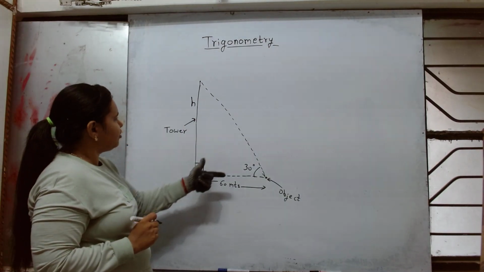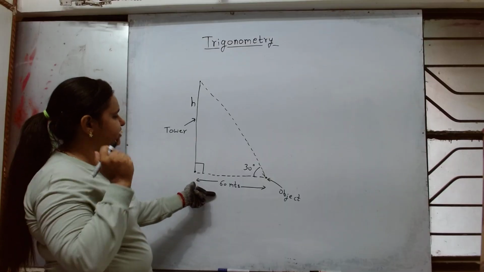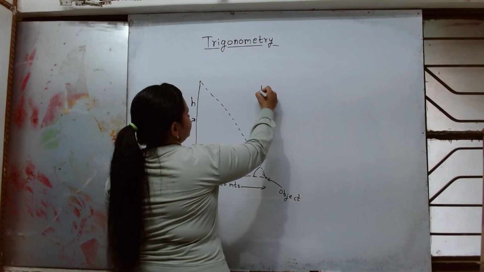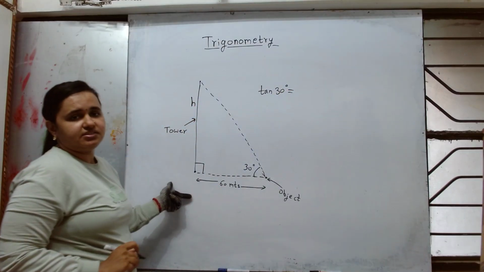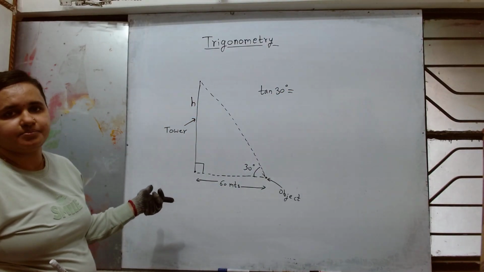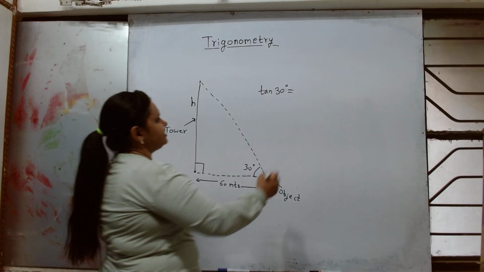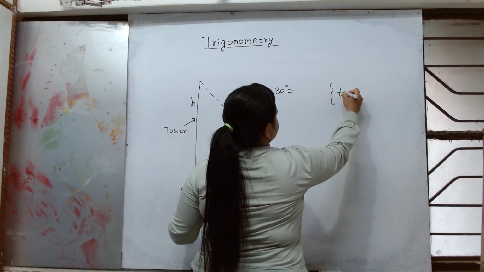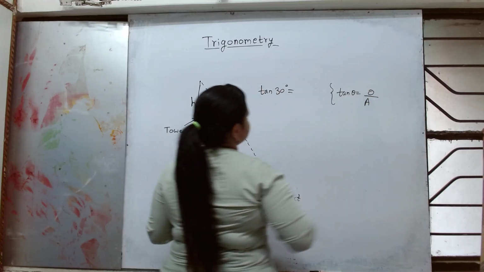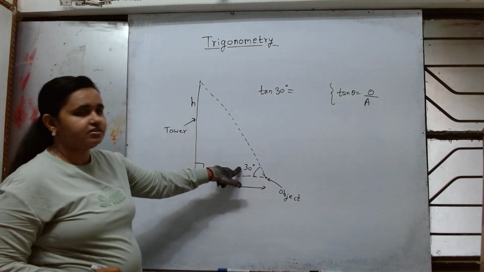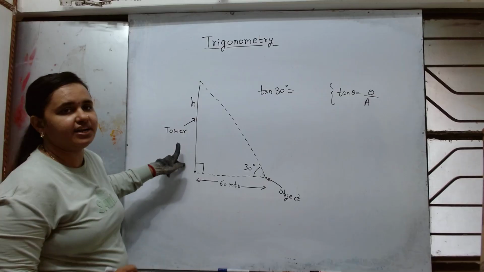We can apply the formula for tan theta. If we take tan 30 degree, what is tan 30? Formula for tan theta is opposite upon adjacent. So for 30 degree, opposite side is this one, h.